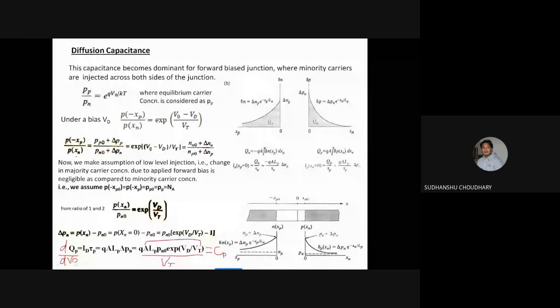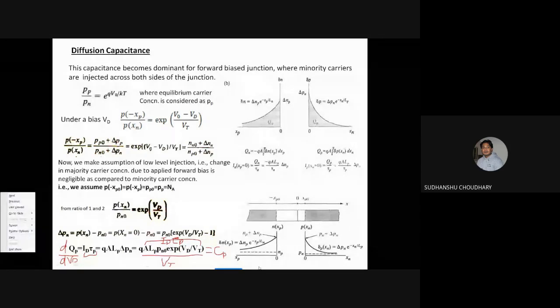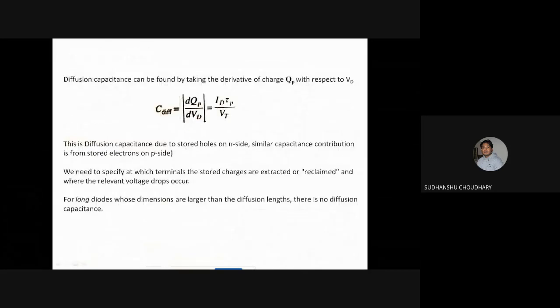So this can be replaced by ID tau P. So you have now the capacitance C due to holes as ID tau P by Vt. Right? So that is what is written over here.